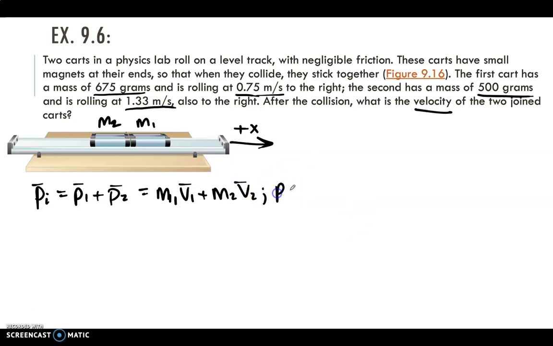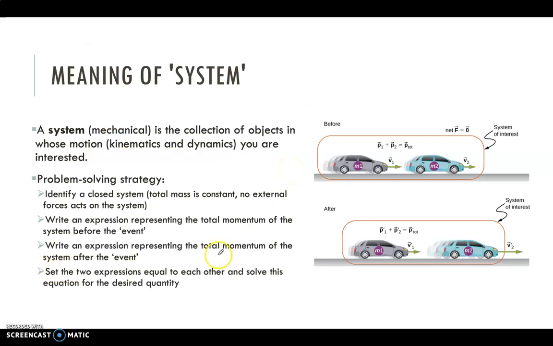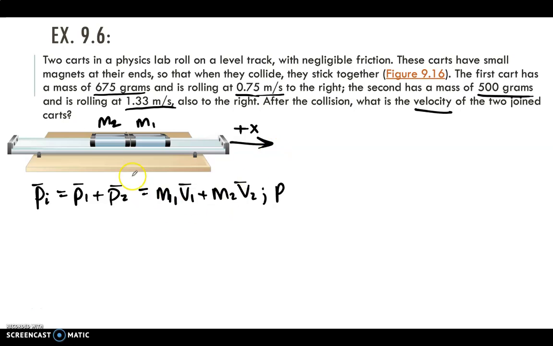Our next step is to write an expression for the total momentum after. We'll say P sub F is going to be a different momentum. If you notice, they stick together, so they'll have one velocity for the two carts.